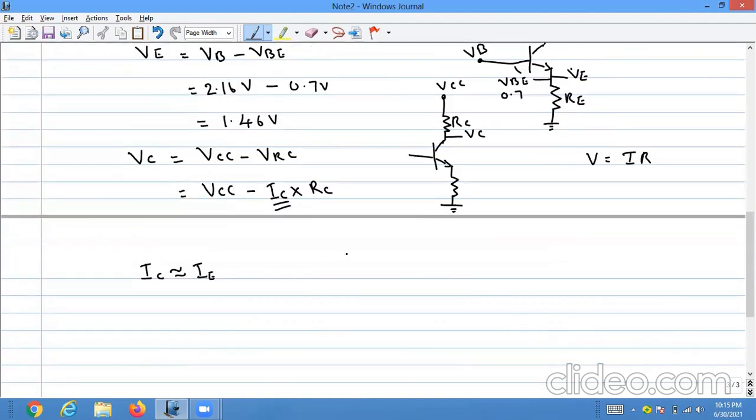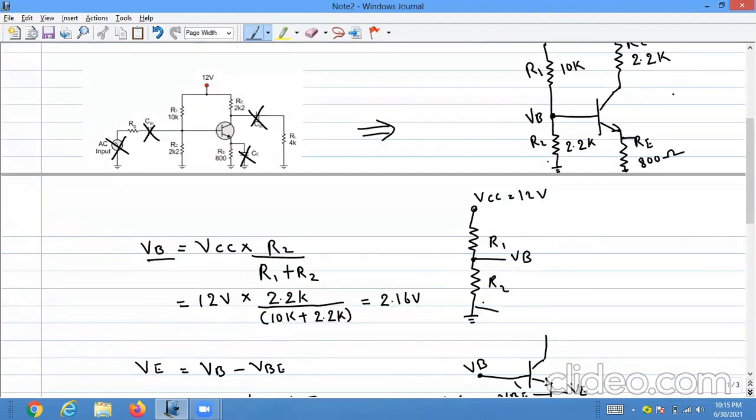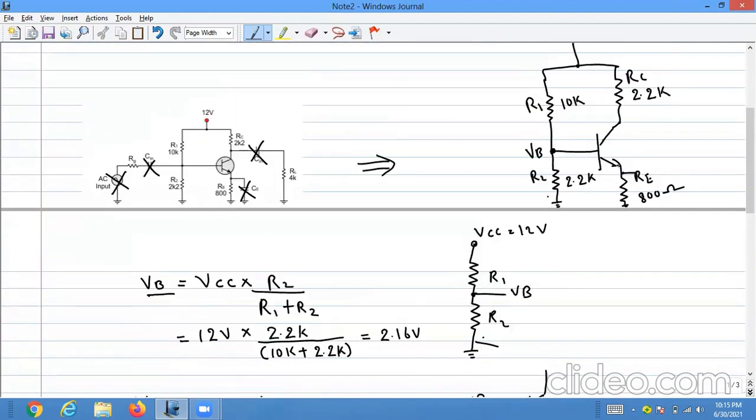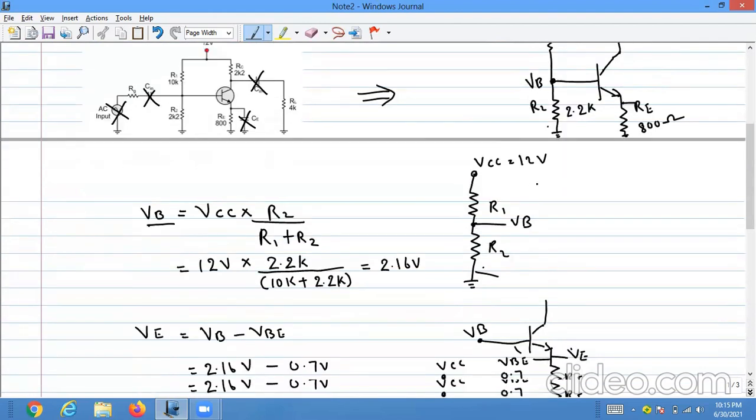How can we find the value of IC? IC will be approximately equal to IE. That means the current flowing through the collector is the same as the emitter.